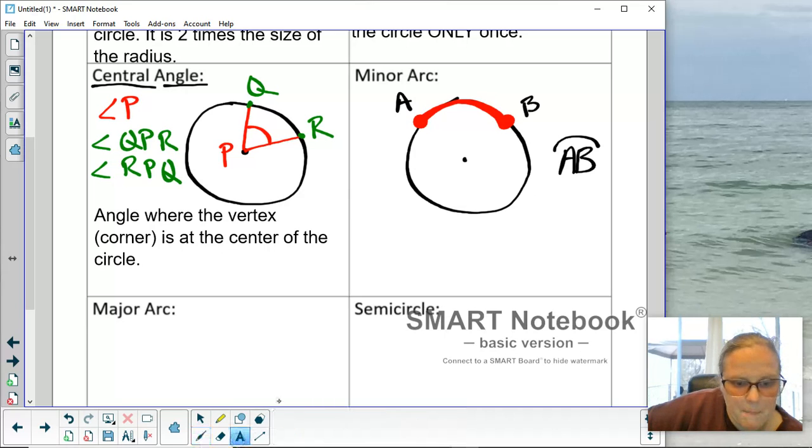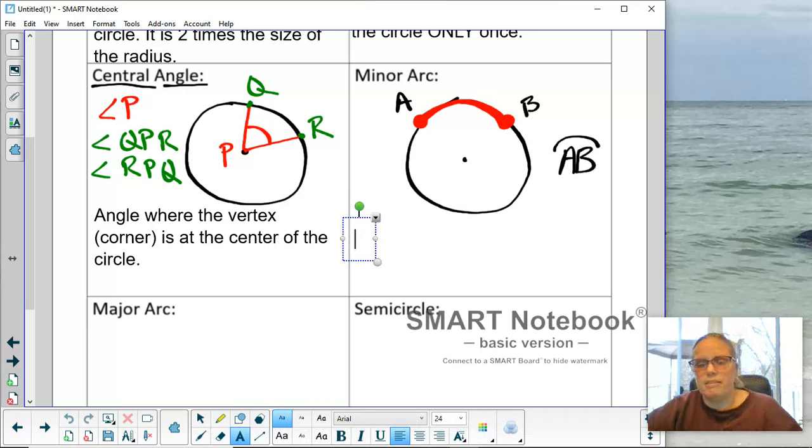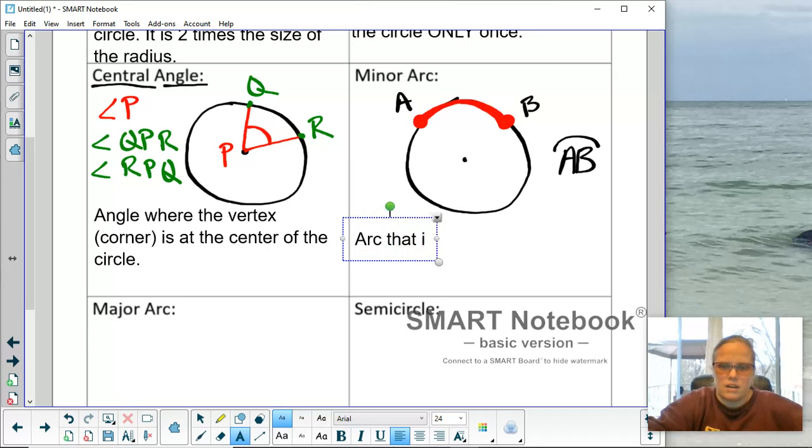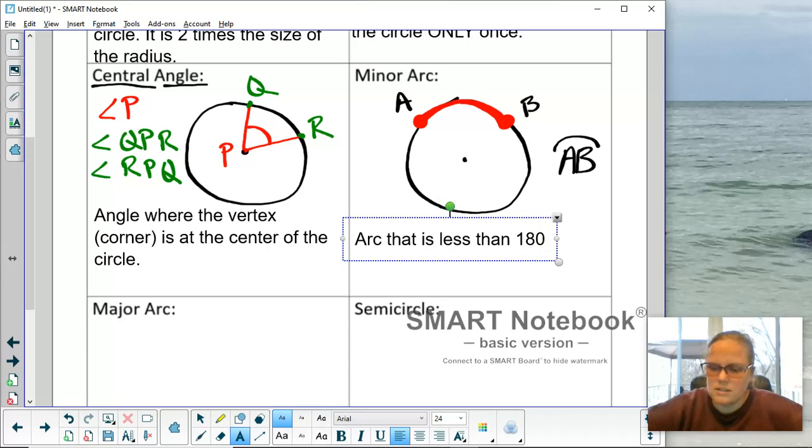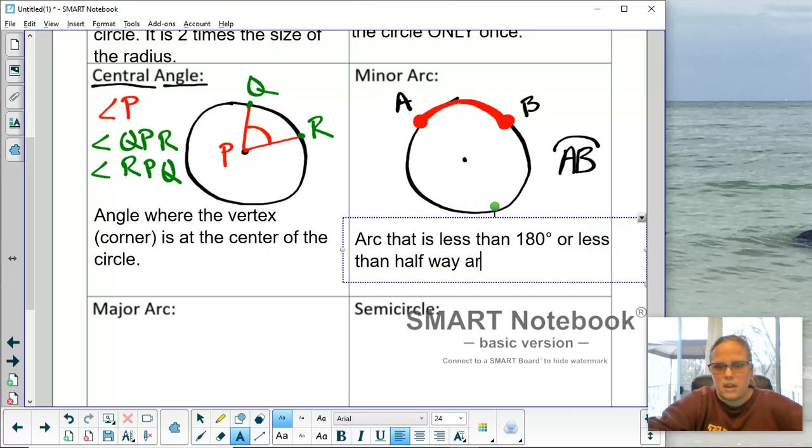Now again, to be a minor arc, it just has to be less than halfway around. So an arc that is less than 180 degrees or less than halfway around the circle.